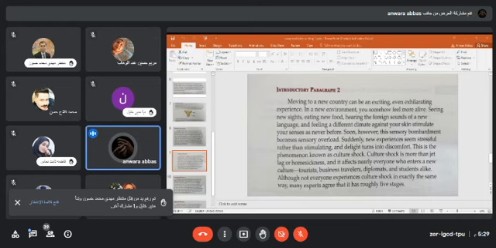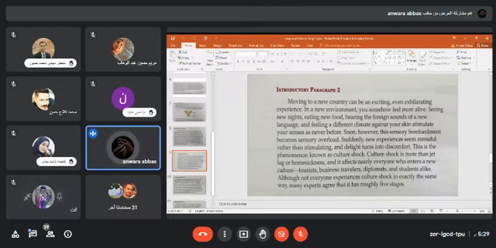Okay. Now let me read you another example, another paragraph, and let's see if we can identify the type. Introduction. Moving to a new country can be an exciting, even exhilarating experience. In a new environment, you somehow feel more alive.